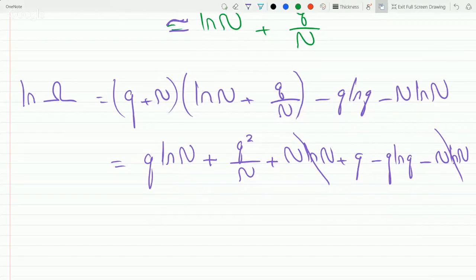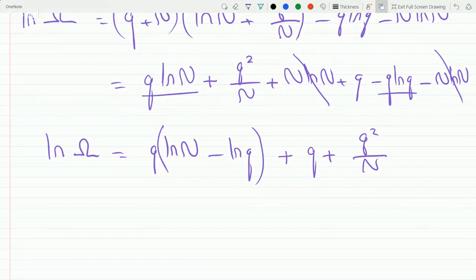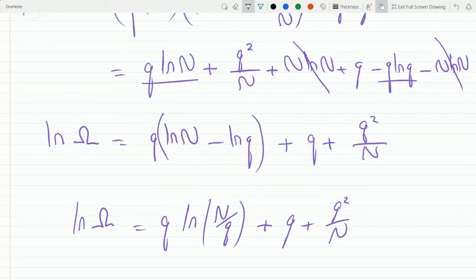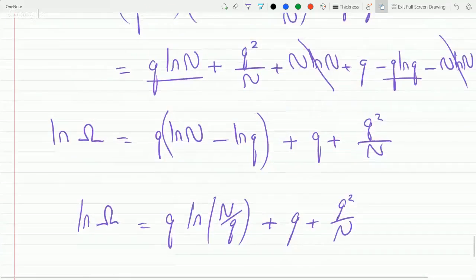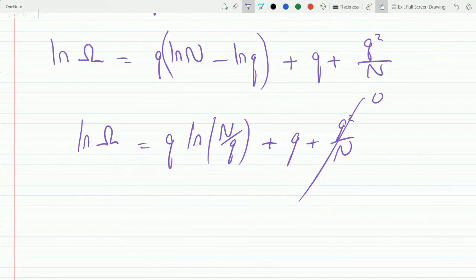And we have left q ln N, and I'm going to factor out q, so q ln (N over q) from these terms, plus q plus q squared over N. Now, if q over N is a lot less than 1, q squared over N is very, very small. So this term goes to 0.